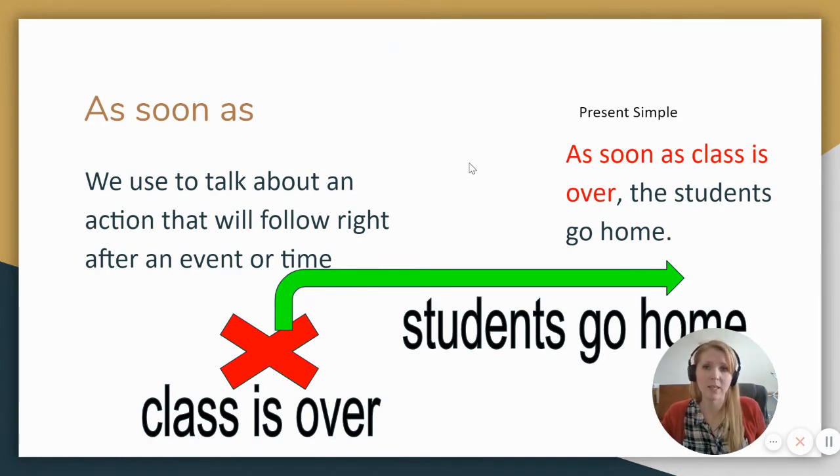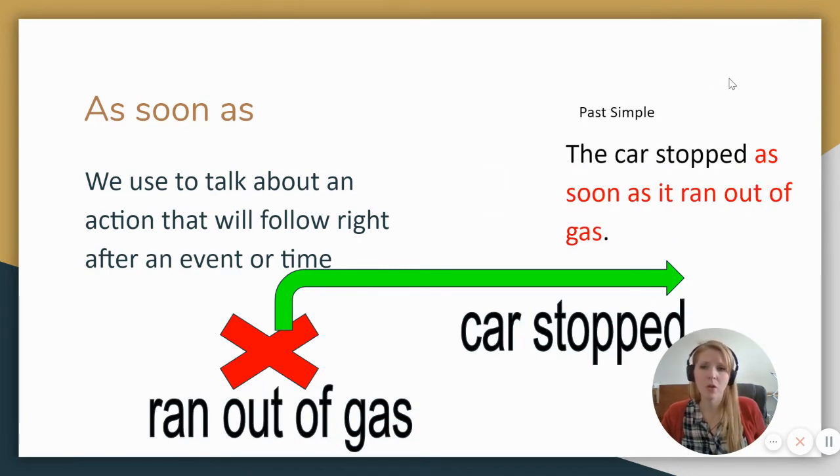Let's look at a past example. So this is, again, for something in the past. With this example sentence, as soon as is in the second part of the sentence. It's not at the beginning, okay? Again, those time clauses, they can move around.